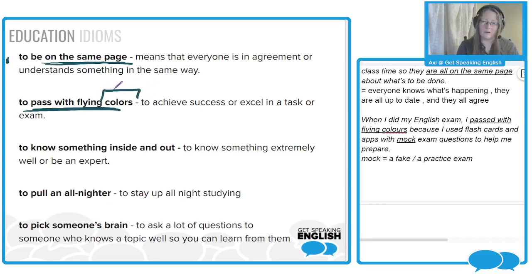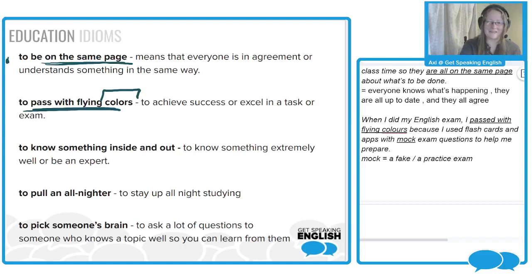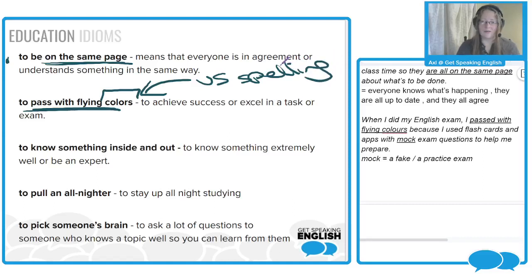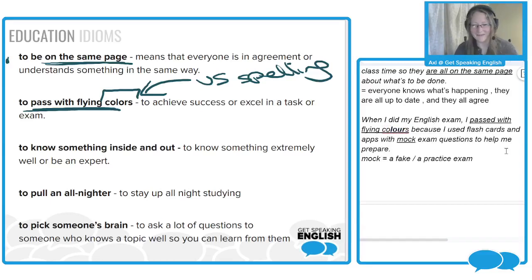We have OR and OUR. Here is actually the American spelling, while here is actually the UK spelling, which we also use in Canada. So that's the difference here.